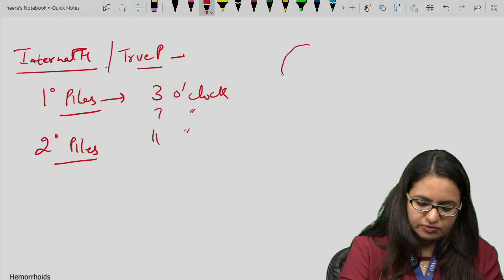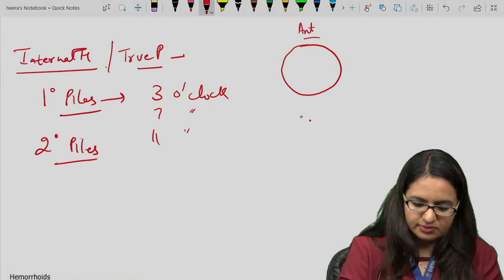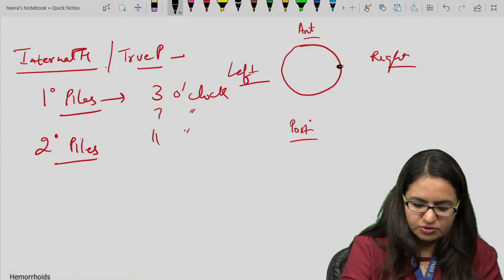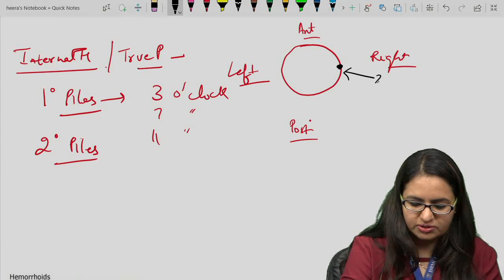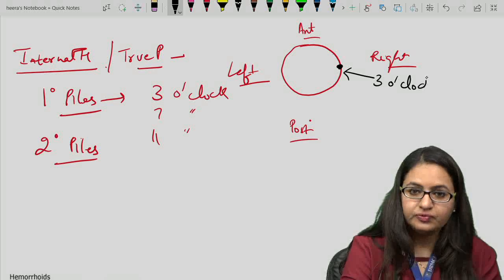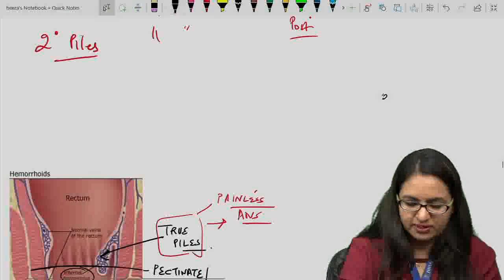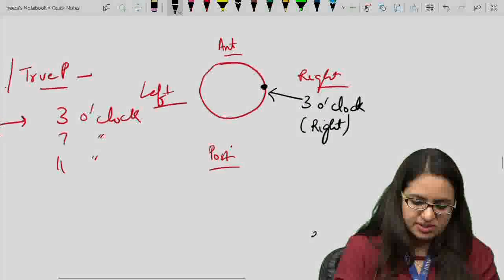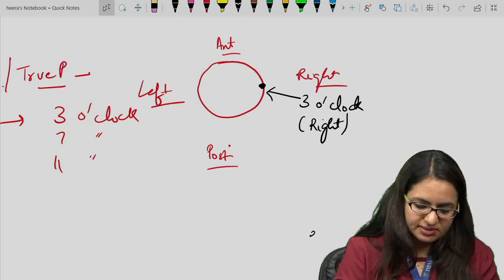If you just visualize over here, if this is the anal canal, this is the anterior side, this is the posterior side, this is the right and the left. If the hemorrhoid is present over here, this is the 3 o'clock position, which is also termed as the right sided hemorrhoids.